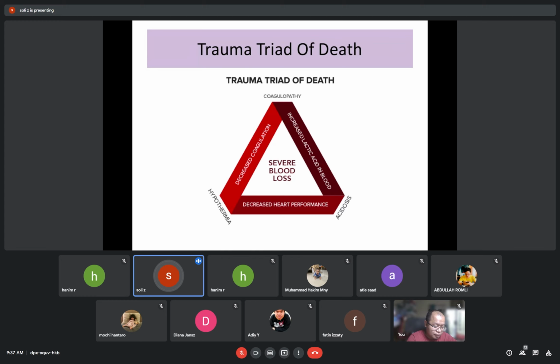When you lose blood in your circulation, it leads to coagulopathy, and it causes an increase in lactic acid in the blood, leading to acidosis, and acidosis will cause a decrease in heart contractility. Then eventually it will lead to hypothermia, decreased coagulation, and further increased coagulopathy. So this is where MTP disrupts this cycle.